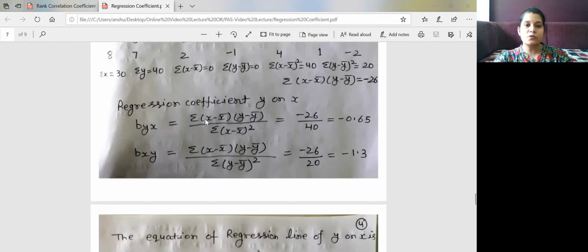Byx is equal to summation x minus x bar, y minus y bar, divided by summation x minus x bar whole square, and the regression coefficient of x on y. First we say y on x, then we write byx, and next we say x on y, so we write bxy.